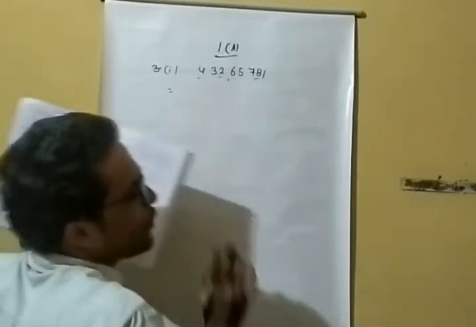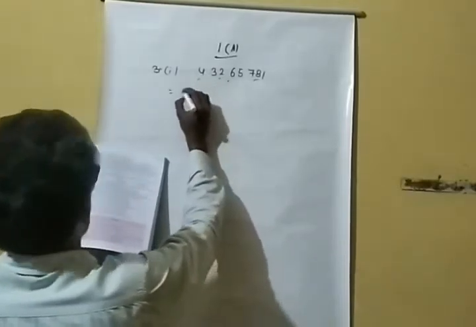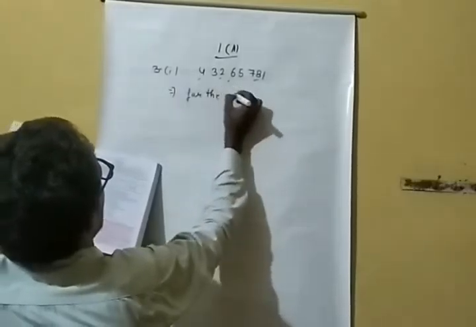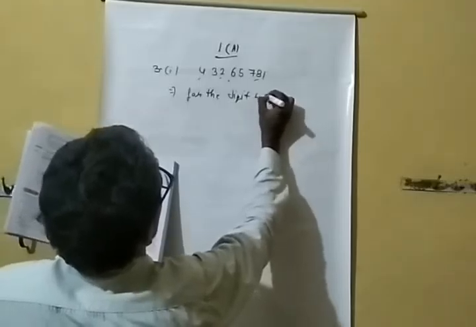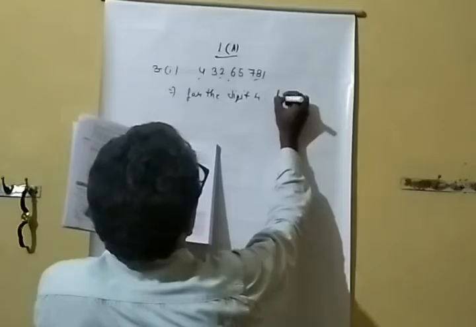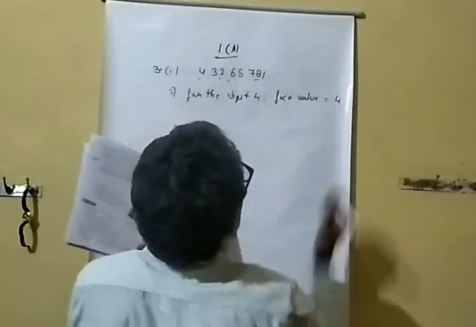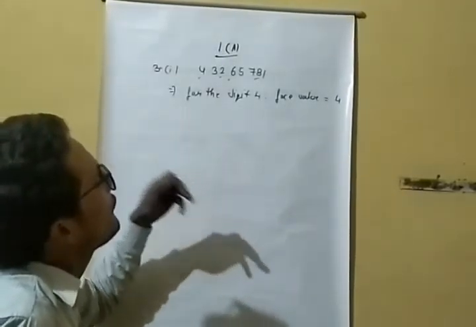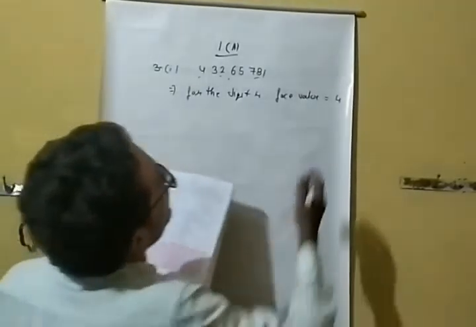The others are odd. First, for the digit 4, the face value is its own value. The face value of any number is the number itself. The face value of 4 is 4.